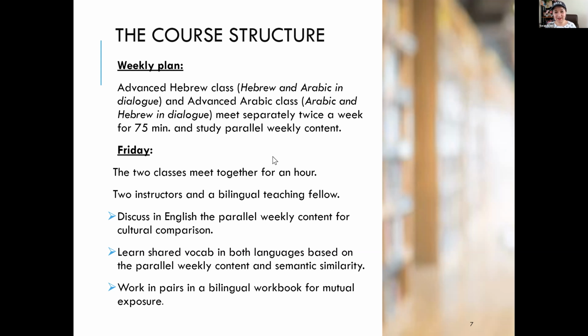And then on Fridays, the two classes actually sit together. Yes, this was pre-pandemic. So they're in one room and they would sit together to discuss common cultural, social, political, or art issues that the two classes had studied in parallel in their classes. The main language of the discussion was English, although, of course, the two languages would play hand in hand.